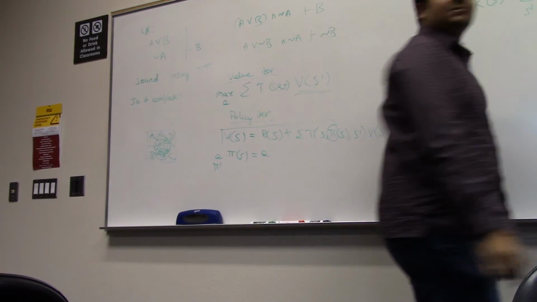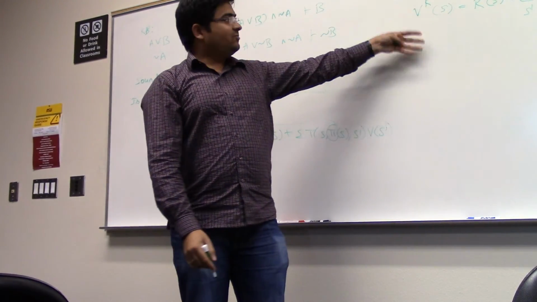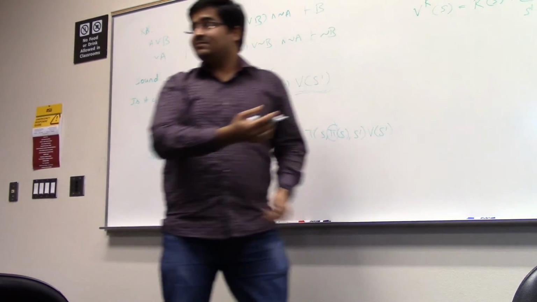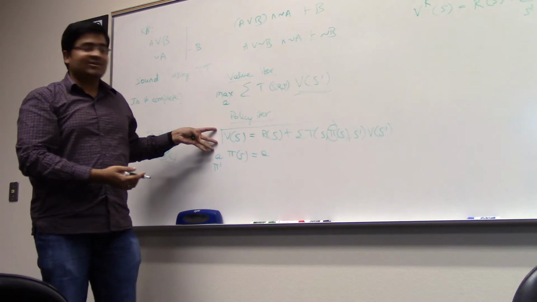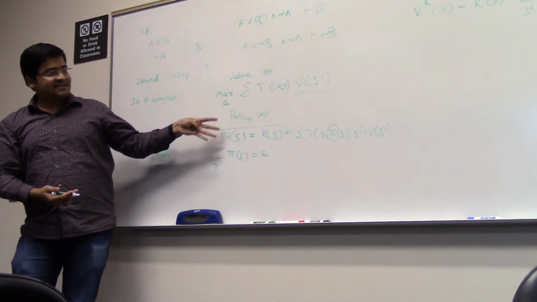So initial values would be 0 here. Yeah, we assume that initially 0 when we start, and you keep iterating till Vk equals Vk minus 1, which effectively means this got satisfied. So that's how you determine V which satisfies this.